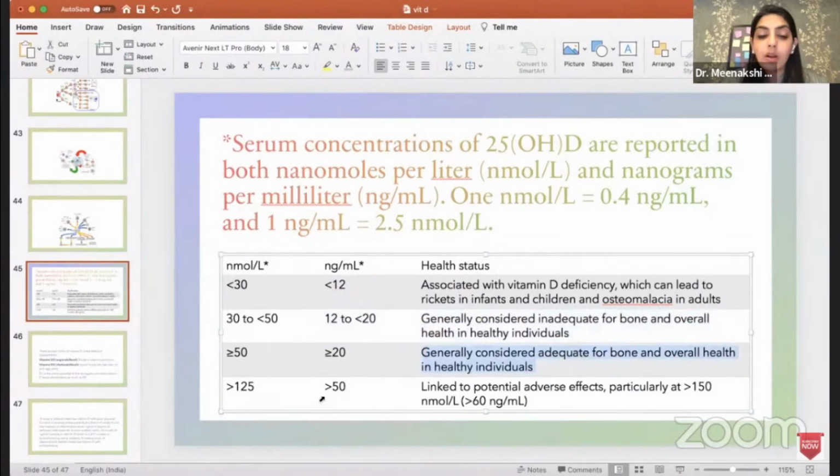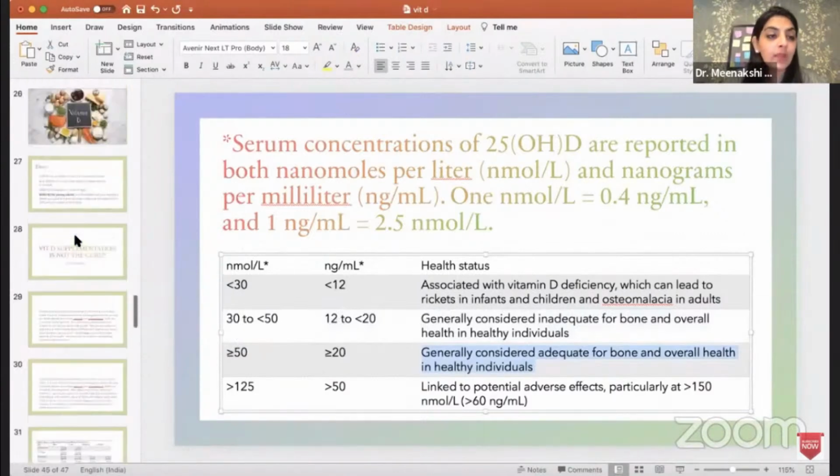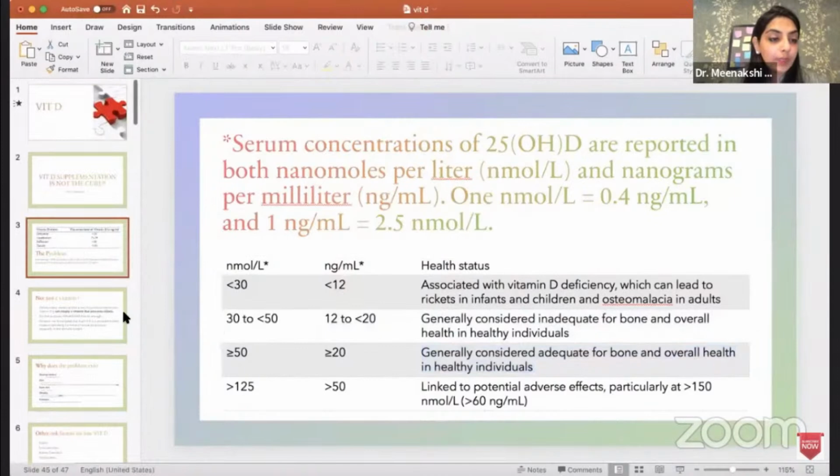And अगर 50 से ऊपर रहता है, then this is considered to be toxic. ये high levels रहते हैं. So this is one thing that I wanted to discuss क्योंकि ये confusion एक रहता है with regards to the units.